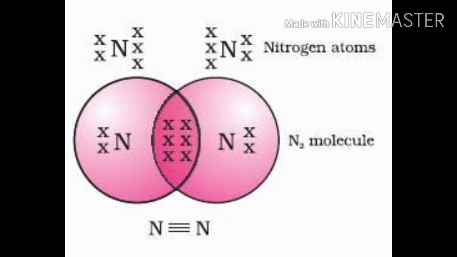So, each nitrogen atom shares 3 electrons with another nitrogen atom to give a nitrogen molecule. When 3 pairs of electrons are shared, the resulting covalent bond is said to be a triple covalent bond or triple bond, and it is represented as 3 lines between the 2 atoms constituting the bond.